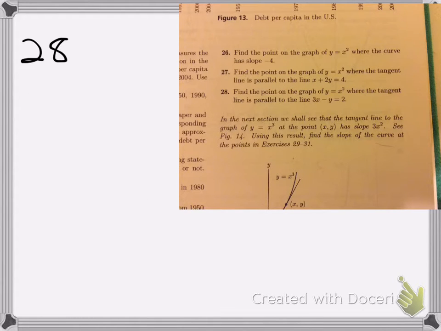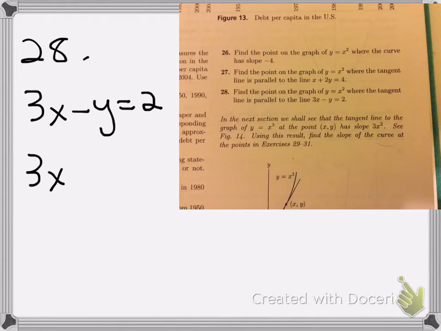Okay, for 28, I have the question, find the point on the graph of y equals x squared where the tangent line is parallel to the line. Very similar to the last one. It's parallel to that line, so we want to isolate our y so I can read my slope. So 3x, I'm going to bring the 2 over, minus 2 equals y.